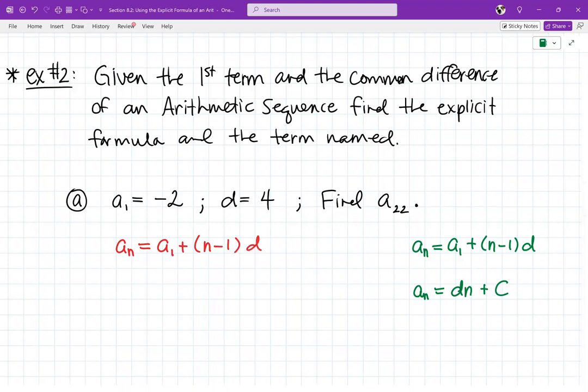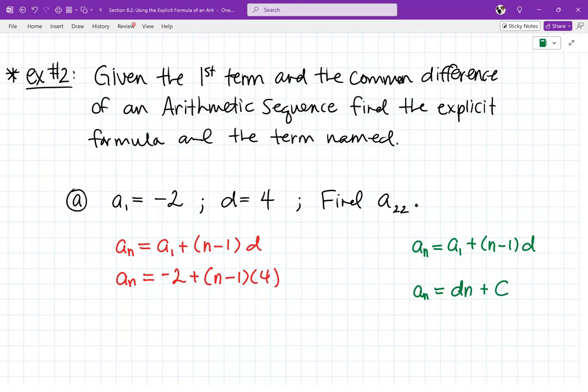Let me plug in the information. A sub n is equal to negative 2 plus n minus 1 times d. Now they said, write the explicit formula. So there you go. I just wrote it. But then they want me to calculate the 22nd term. So to do that, it's best if I distribute and rewrite it as the alternate form.